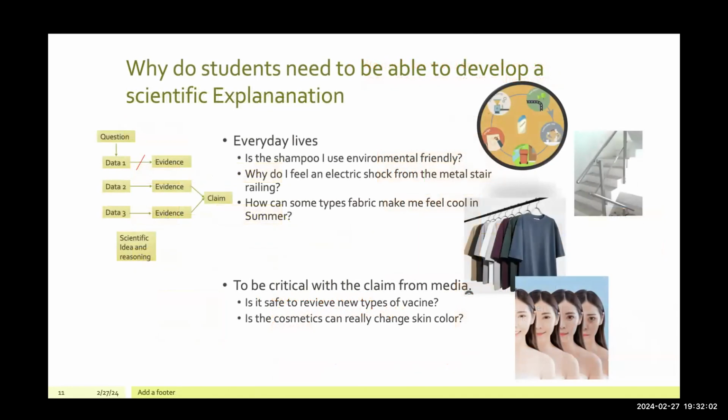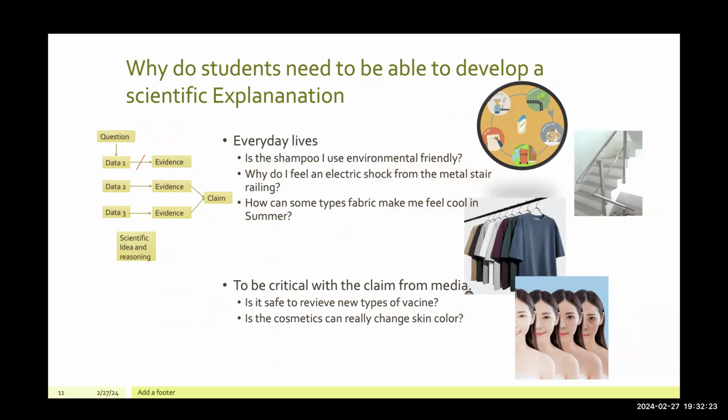So why do students need to be able to develop a scientific explanation? That's because in daily life, we have questions like this. Is the shampoo I use natural, environmentally friendly? Why do I feel an electric shock from the metal stair railing? How can some types of fabric make me feel cool in summer?